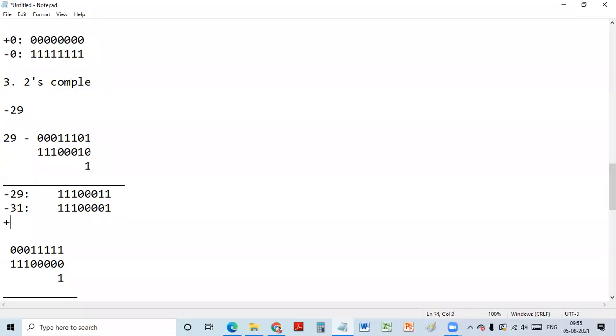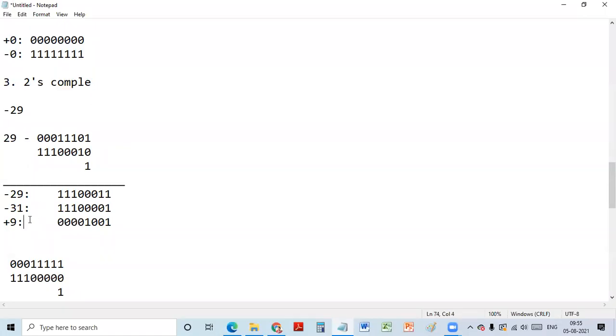We'll take a simple number, plus 9: 0, 0, 0, 0, 1, 0, 0, 1. Even here, MSB is 1 for the negative case and MSB is 0 for positive numbers. So this is how we represent a negative or positive number in 2's complement.